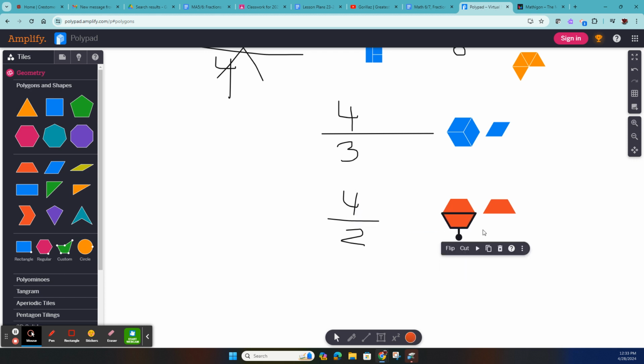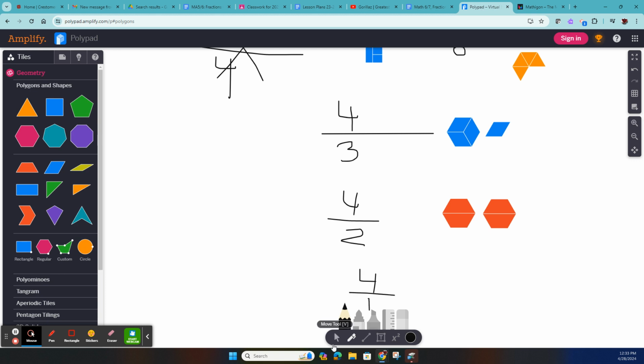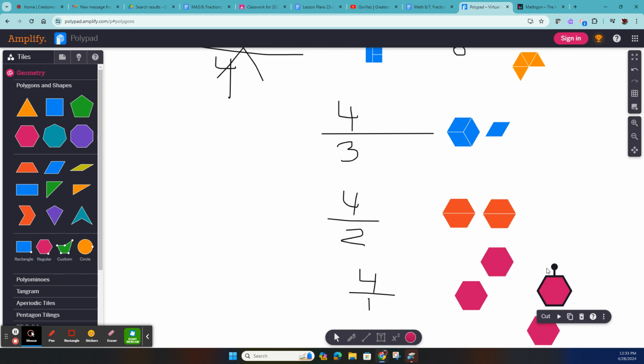So there's 3/2, 4/2. Yep, there you go. That's definitely greater than one whole. That's 2 wholes. And lastly, but not least, I could have said 4 wholes, which of course is just 1, 2, 3, 4 wholes. There they are.